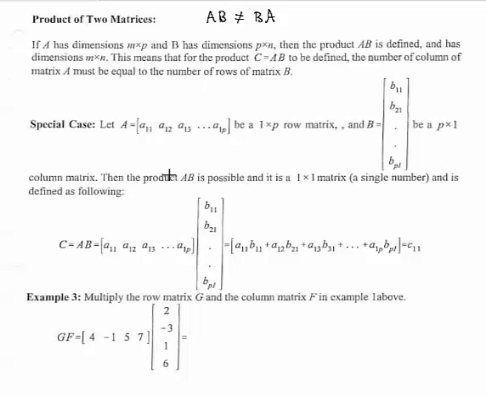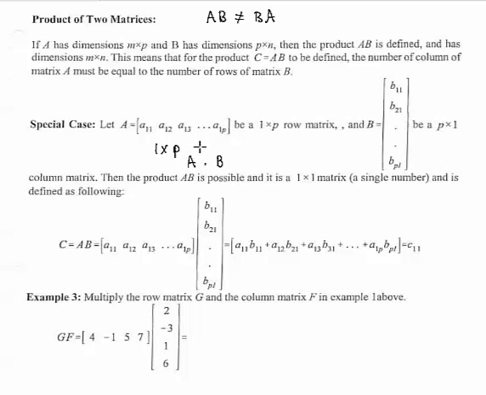They list a special case here where we have a 1 by P, this is A, and then we have a column matrix B. So we're saying A times B. If A is a row matrix, then it has one row, and it could have any number of columns.